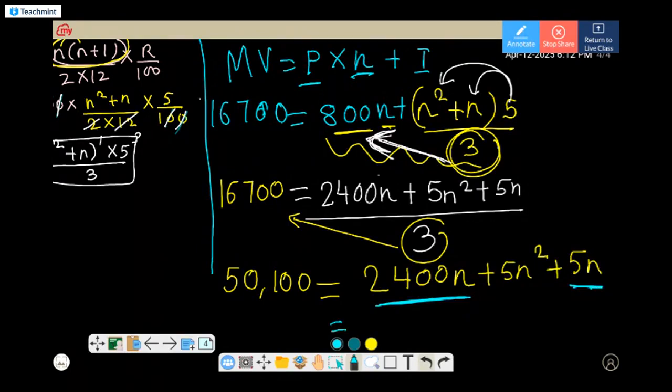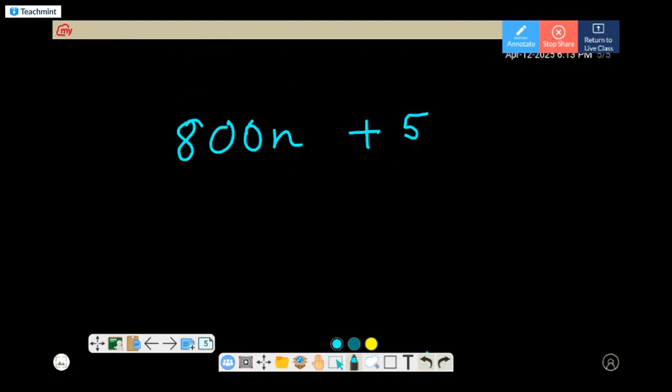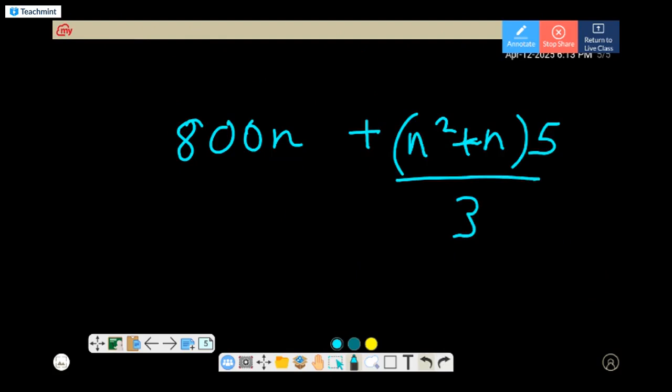Ma'am, can you repeat how you got 2400? Okay, so here you have 800n, and on this side you have n square plus n in the bracket with 5 and 3 in the denominator.